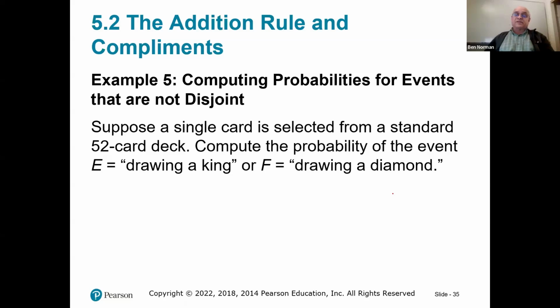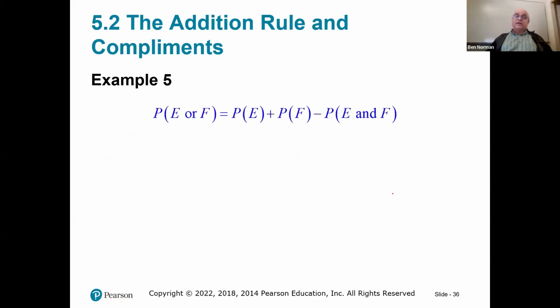Computing probabilities for events that are not disjoint. Suppose a single card is selected from a standard 52 deck. Compute the probability of the event E, drawing a king, or F, drawing a diamond. So the probability of E or F is going to be the probability of E plus the probability of F minus the probability of E and F, where the two happen together at the same time.